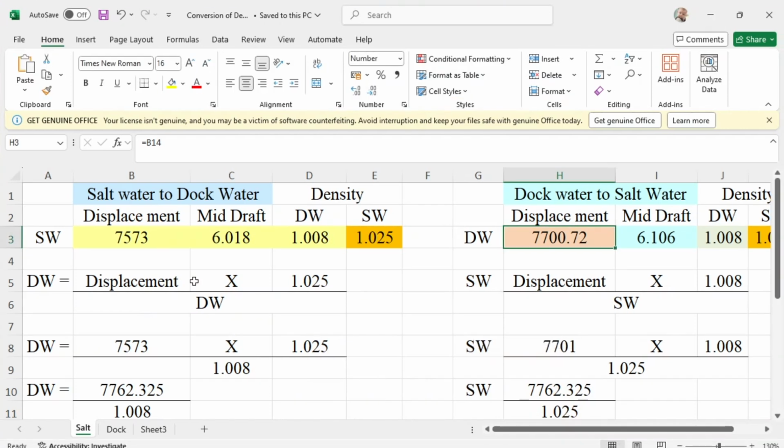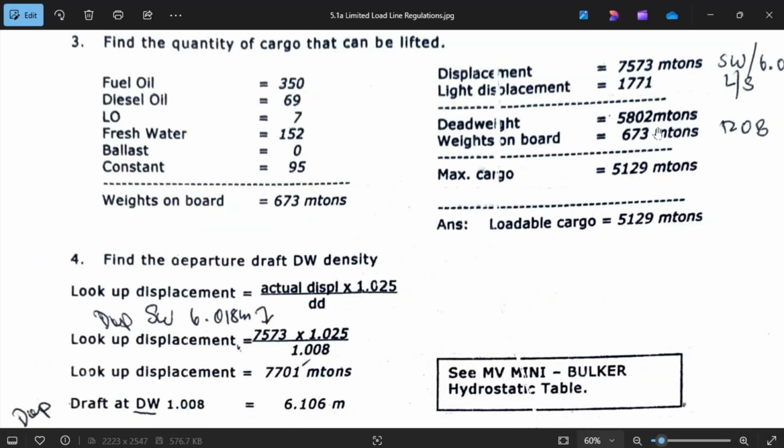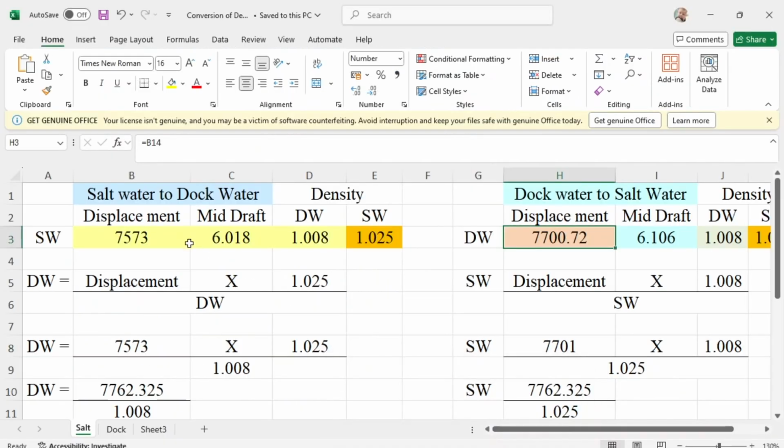I make an Excel. So from salt water to dock water, okay. So take note that the summer displacement was 7573, which is this one. And take note of the density, local density is 1.008, okay. Then the corresponding drop of the summer drop or summer displacement is 1.025, and our local density water is 1.008, and the constant of salt water is 1.025.